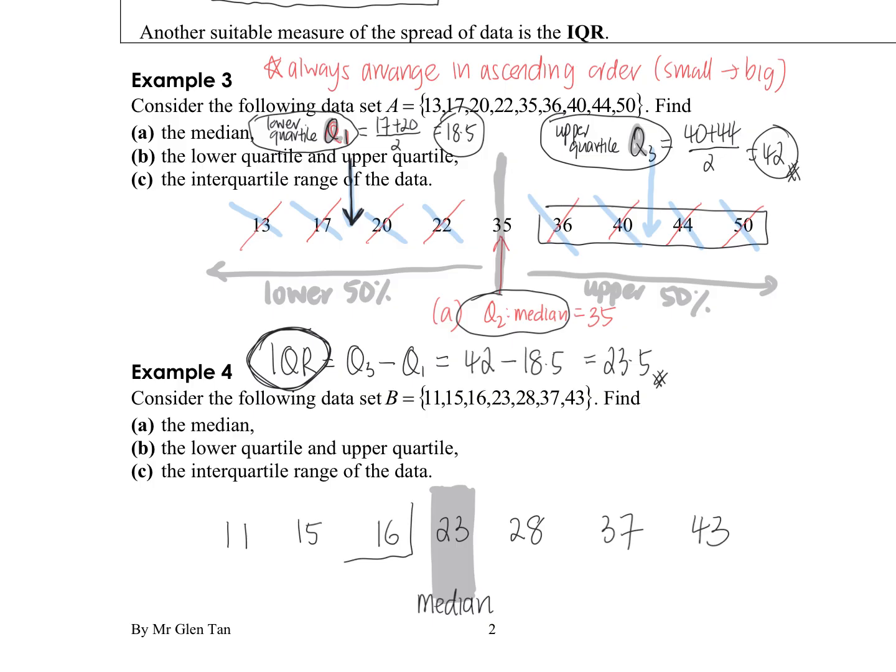Then this is your lower half, your upper half. Go and find the middle of each. So where's the middle number for the lower half? Yeah, so this is Q1. That's all.